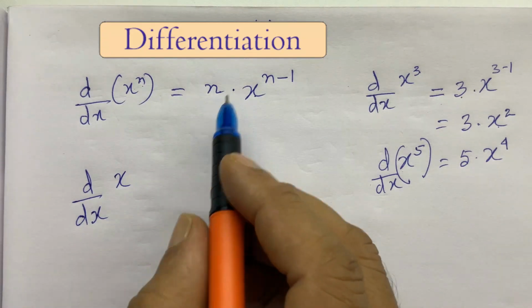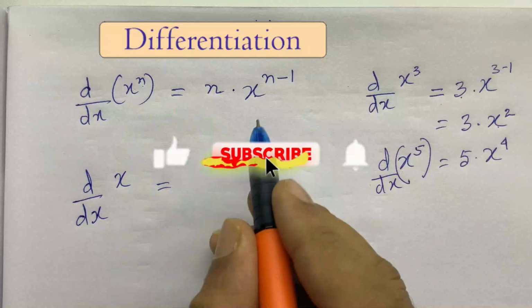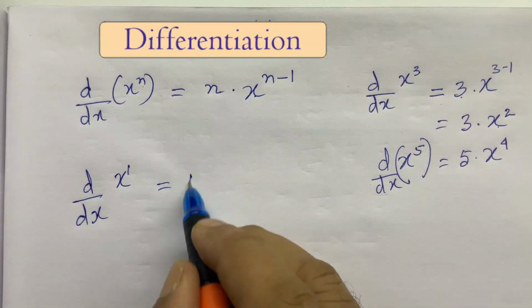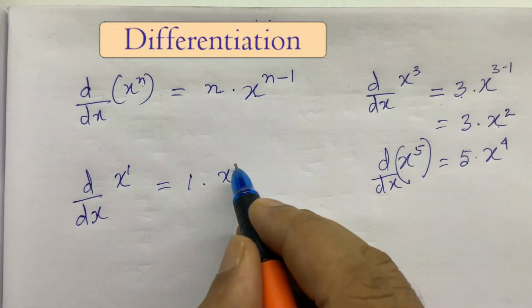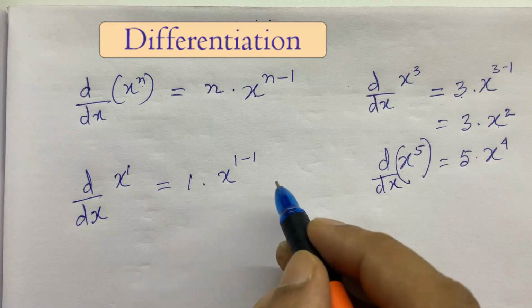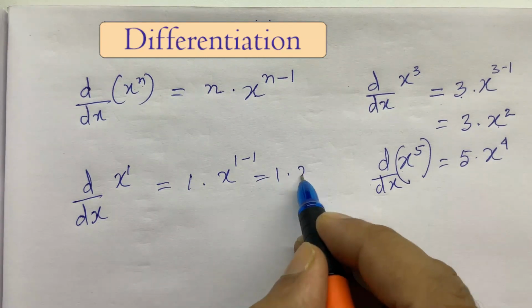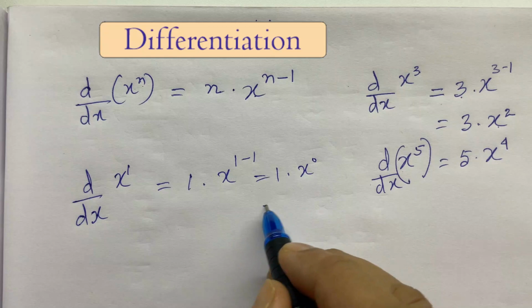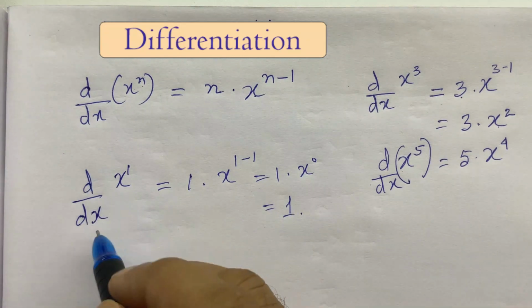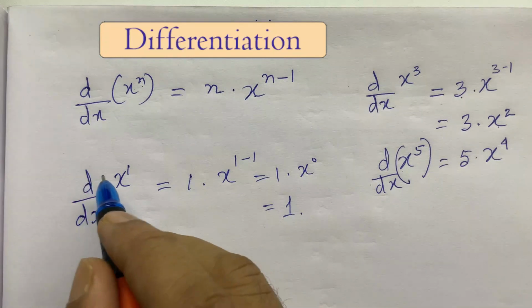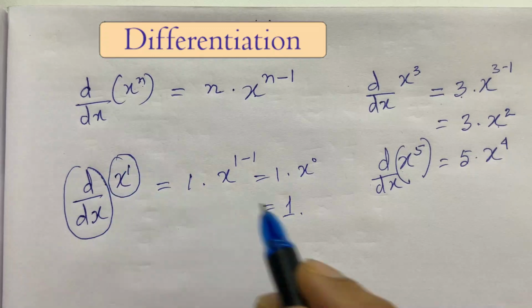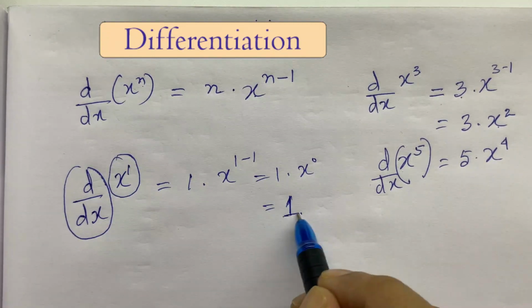So if you put 1 here, then what will you get? 1 into x to the power 1 minus 1, so that means 1 into x to the power 0, and that means it is 1. So d/dx of x is 1. This result is to be remembered.